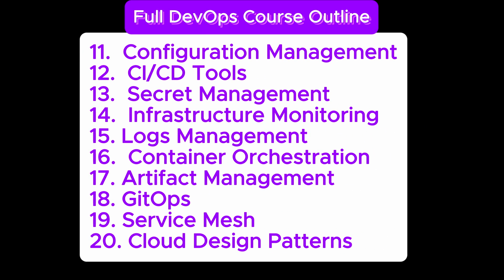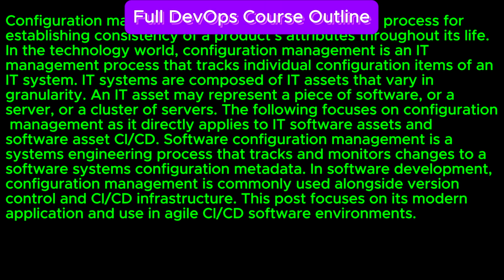Then, regarding provisioning, we also will be covering configuration management. For configuration management, we will be using Ansible. Ansible is an open source automation tool used for configuration management, application deployment, and task automation. It simplifies the process of managing and orchestrating infrastructure by using declarative language to define desired states and configuration.